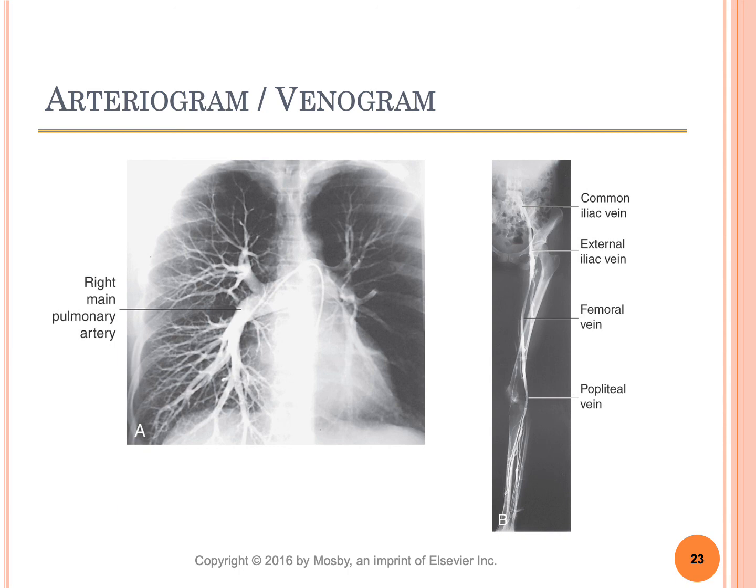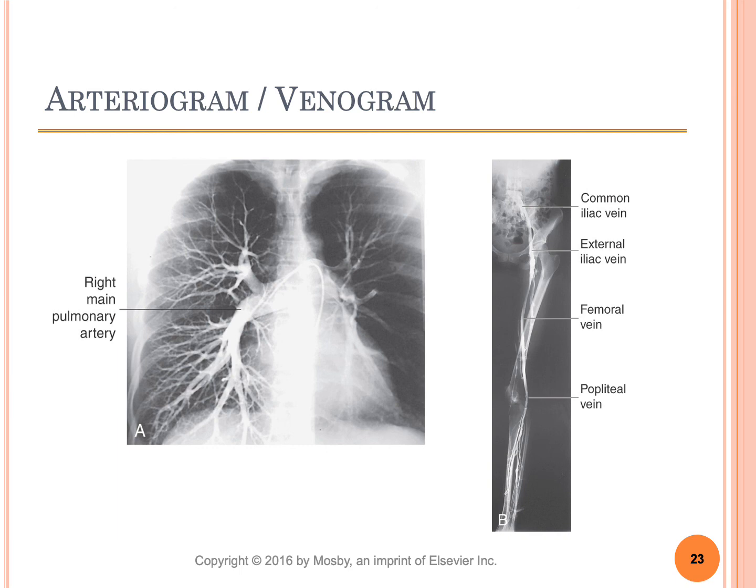All right, and here is what we're looking at: the common iliac vein and the external iliac vein, and as it traverses down the leg, it gets some different names, although it is the same tube that is running down the leg. Along the femur, which is that big thigh bone, it's called the femoral vein, and behind the knee, which is called the popliteal space, it's called the popliteal vein, and then it goes down the tibia, it's called the tibial vein.